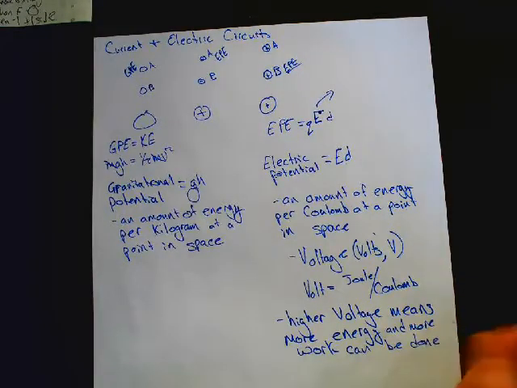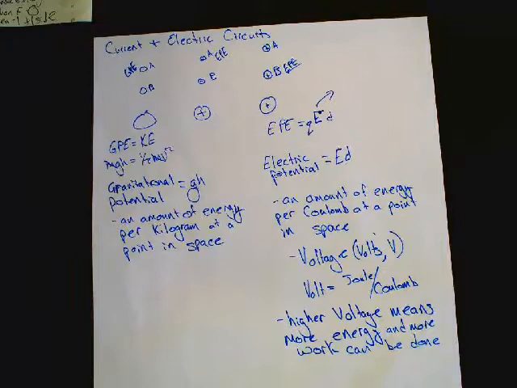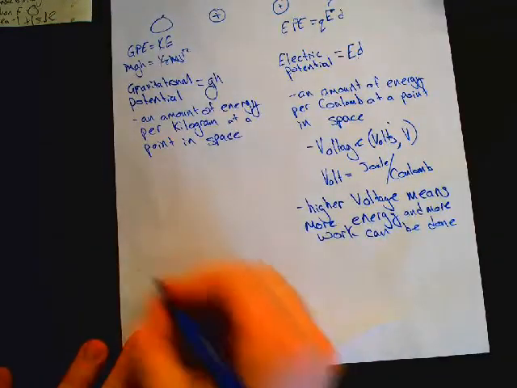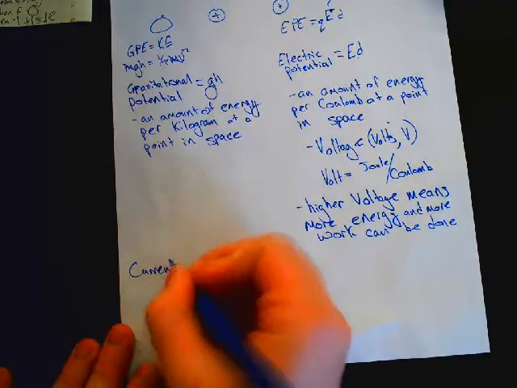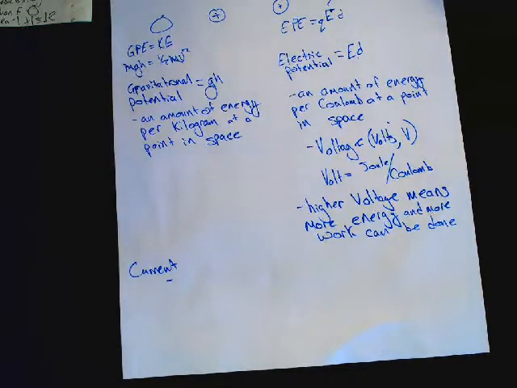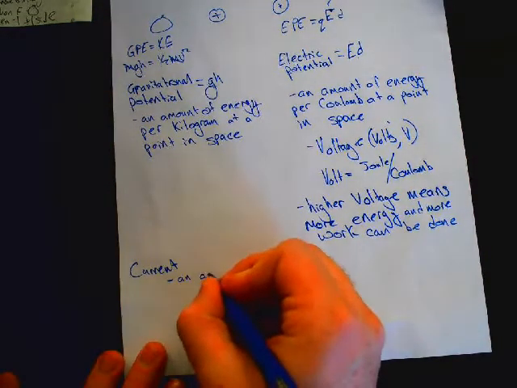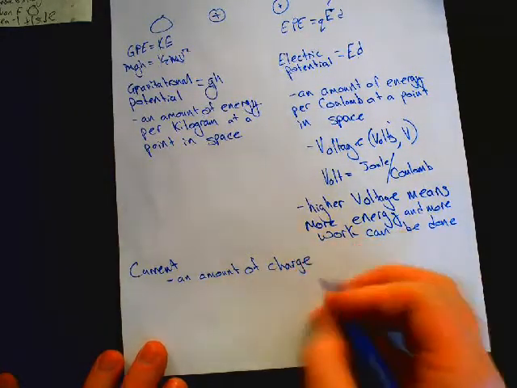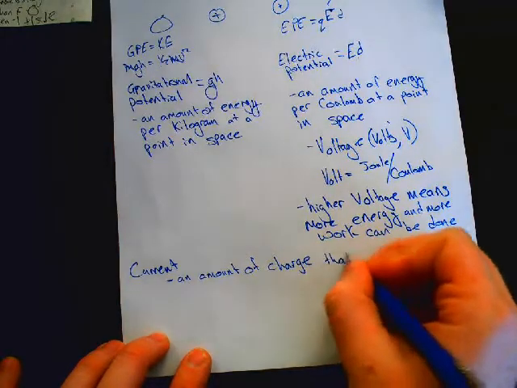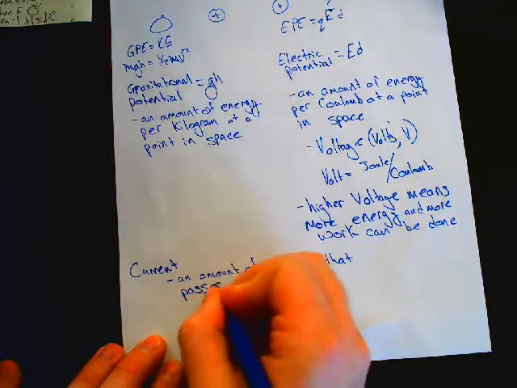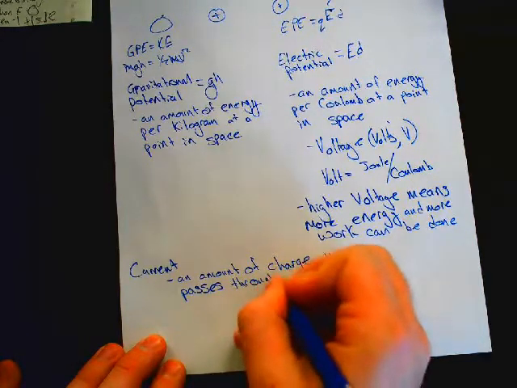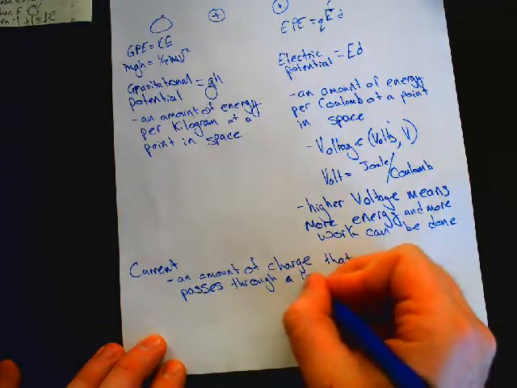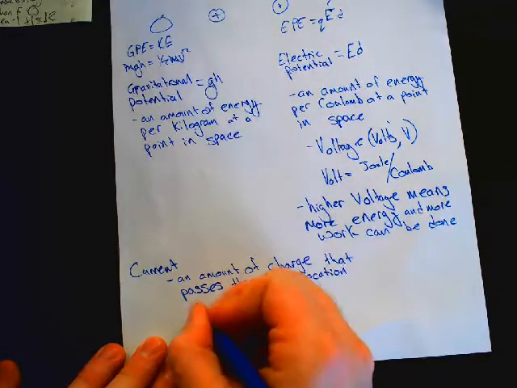Now, the property that he then talked about that was dangerous and that can cause damage is current. Now, current is the flow of electrons, or the amount of charge that passes through a given location per second.